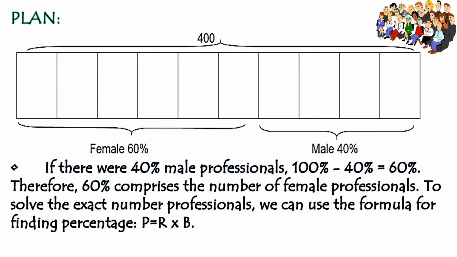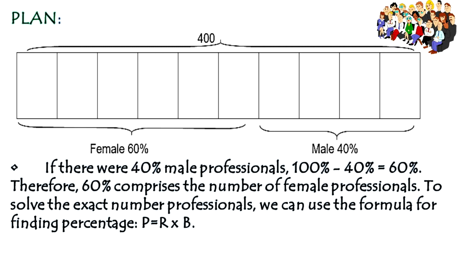The next step is we plan. Of the 400, 60% is female and 40% is male. If there were 40% male professionals, we subtract it from 100, so we get 60%, which comprises the female professionals.